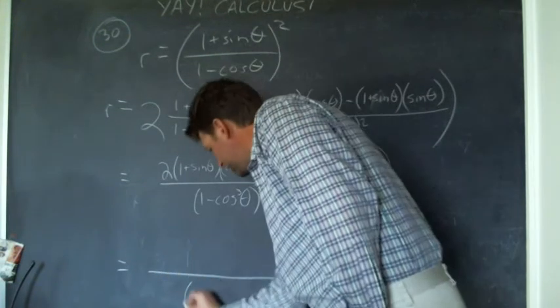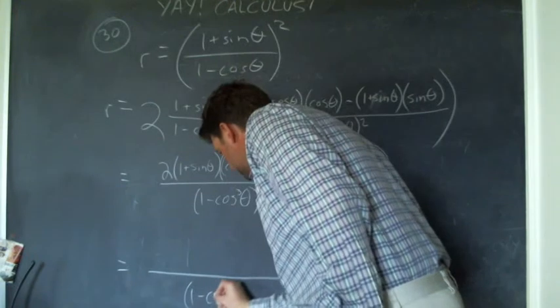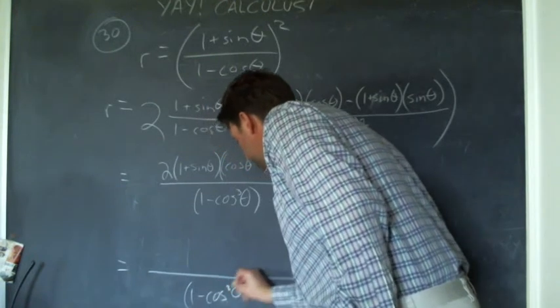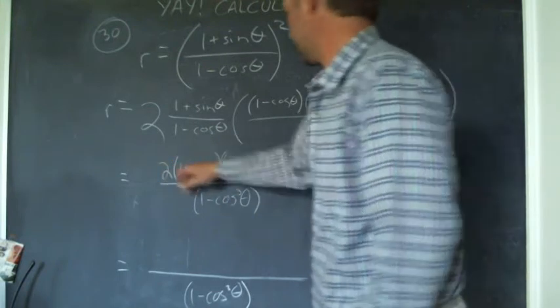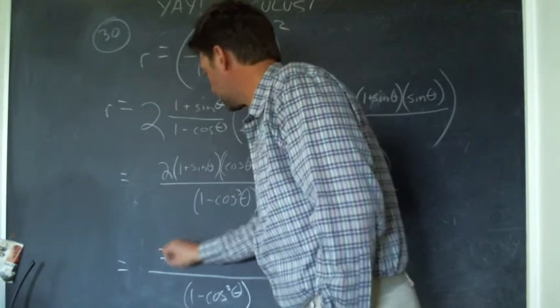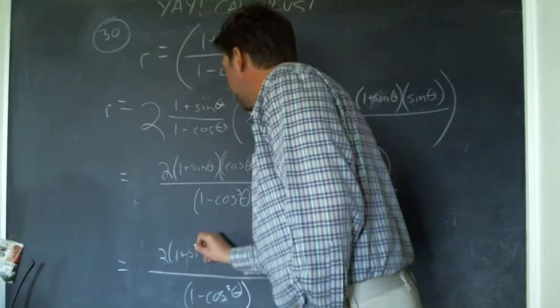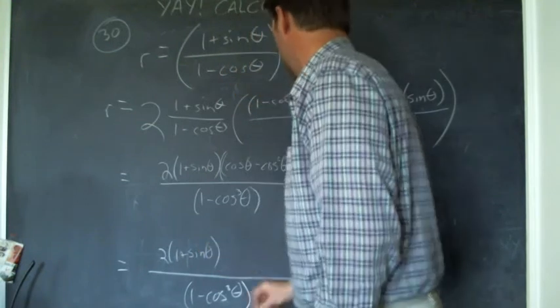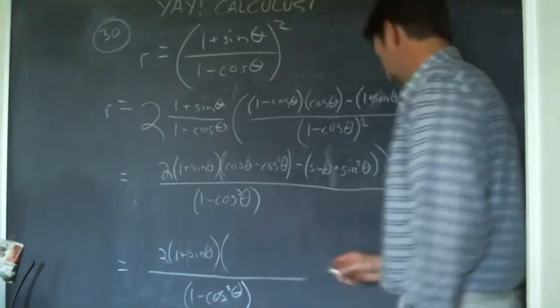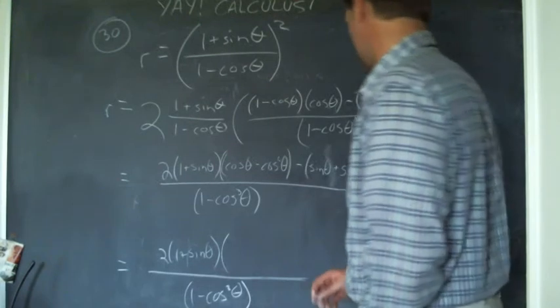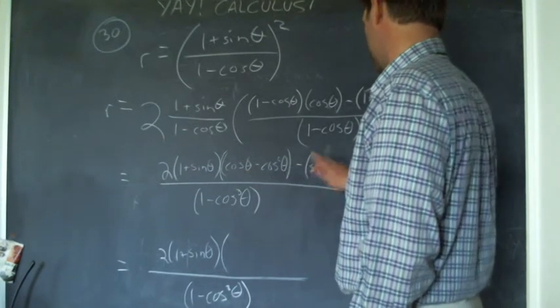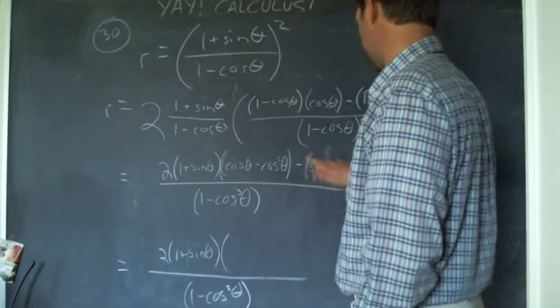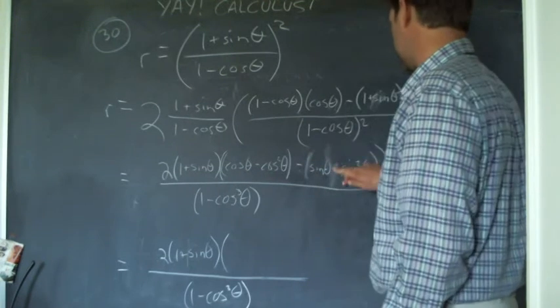Trig is good. 1 minus cosine cubed of theta. And we'll keep this for the time being. 2 times 1 plus the sine of theta. And times, let's take a look at this here. So this is going to be cosine minus cosine squared. Let's get rid of this parenthesis. That's minus sine and minus sine squared.